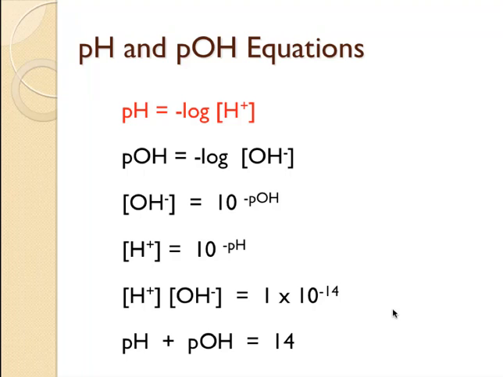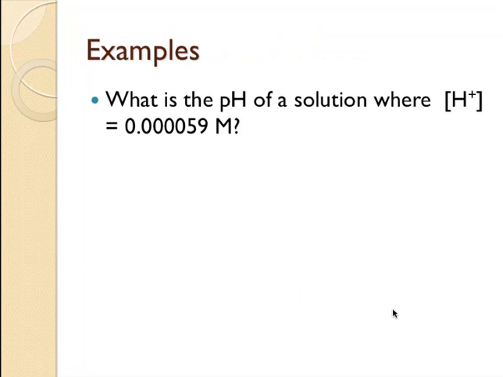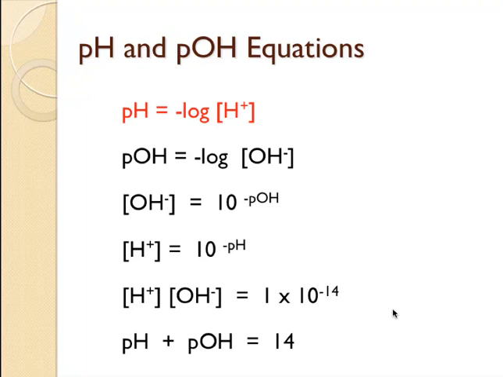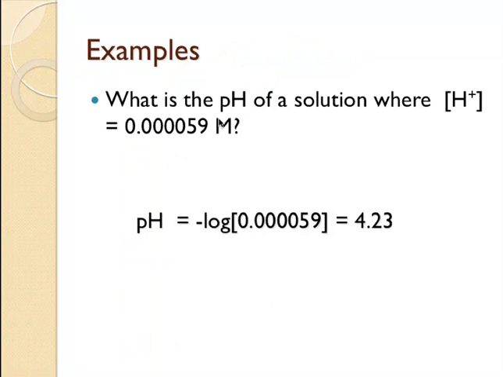Did you write them all? Good. The one we're going to use for this problem, where I'm given a concentration of hydronium, is going to be this first equation. pH, this is my given, so I can find pH if I just take the negative log of that concentration that's given in the problem. If you do that, it's 4.23.